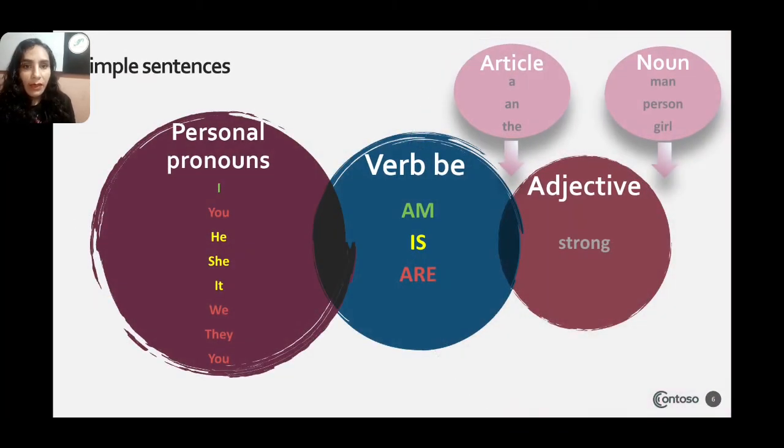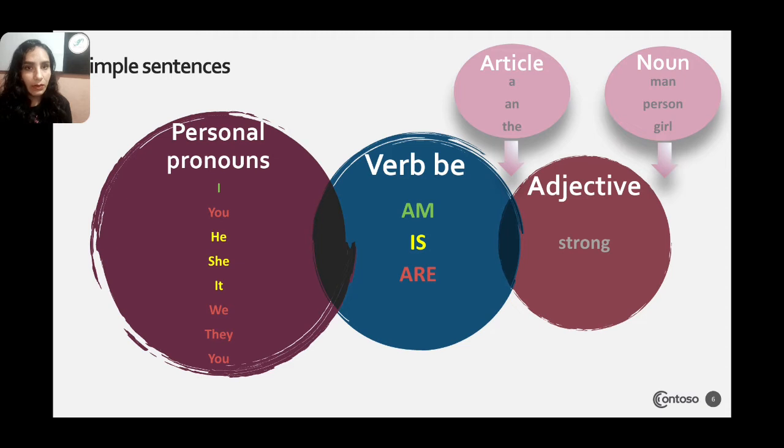De nuevo retomamos las oraciones simples. ¿Cómo las podemos estructurar? Tenemos aquí nuestras partes del discurso. Personal pronouns, pronombres personales. The verb be, el verbo ser o estar. And the adjective, el adjetivo. Podemos hacer oraciones un poco más largas si agregamos un artículo y un sustantivo.